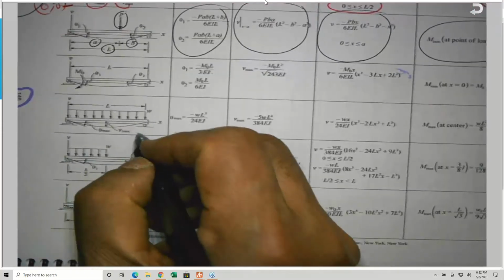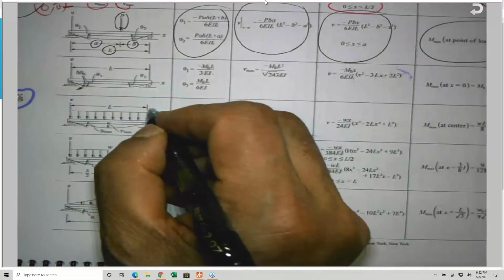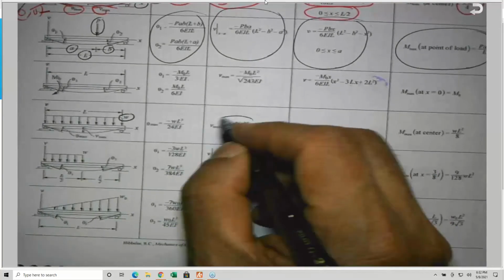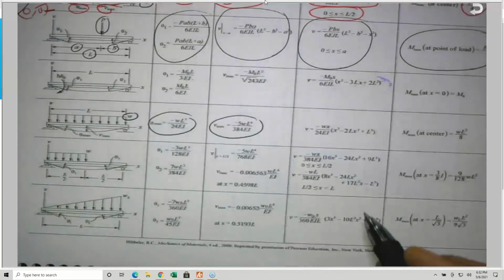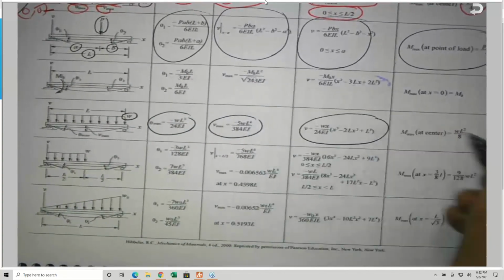This is a simply supported beam carrying a uniform load W. And you remember 5 WL to the 4 divided by 384 EI. And this is the theta. And this is the elastic curve. And this is the bending moment, which is WL squared divided by 8. Do you remember WL squared divided by 8?